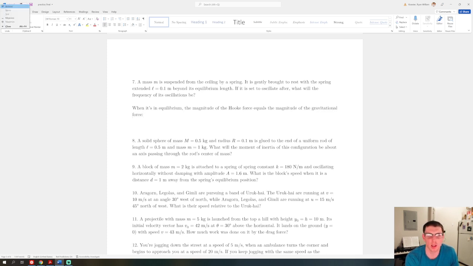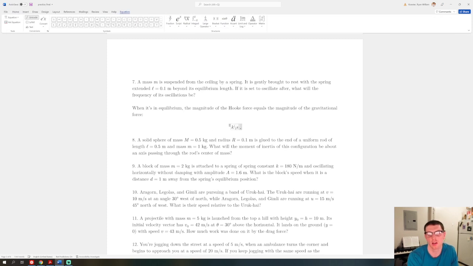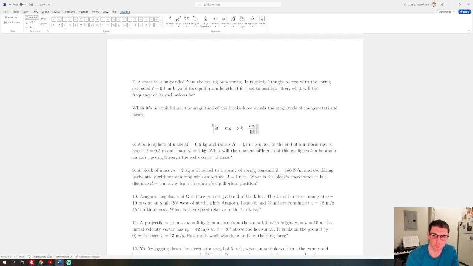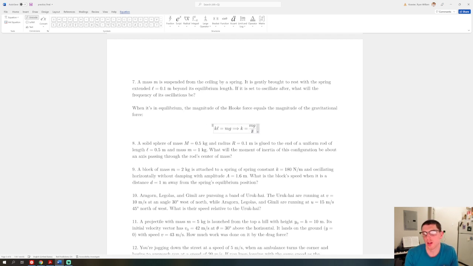So we could write that k script L equals mg. So we want to solve for k here, because that's what we need for the angular frequency. Omega, remember, is the square root of k over m.